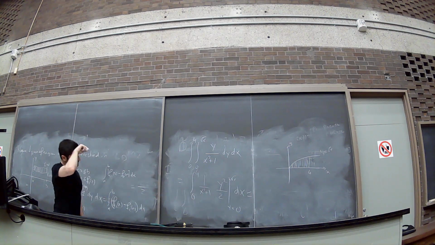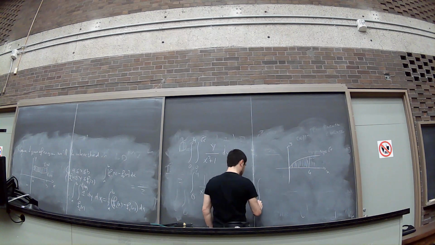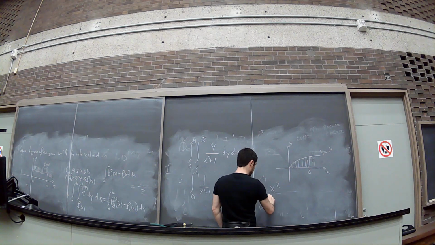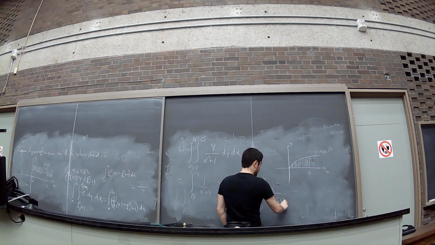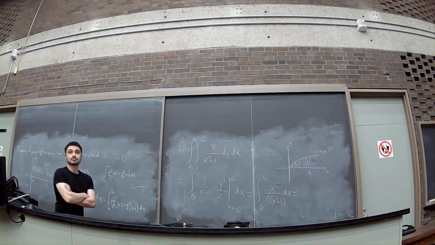What do you get here? So you get the integral from 0 to 4 of x squared over 2, right? No, sorry, x over 2 dx. What do you then get?